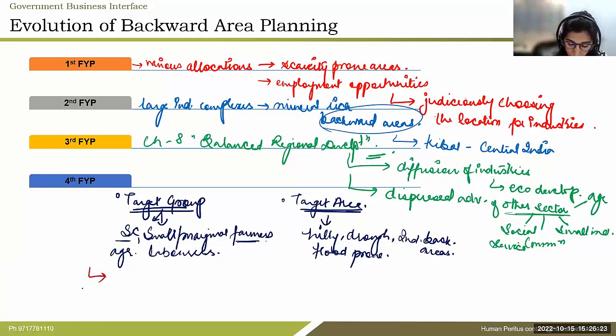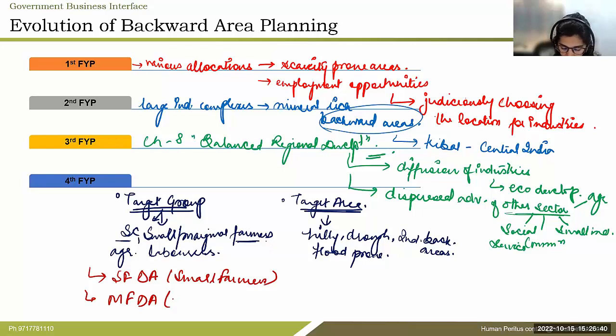For example, under the target group, there was the small farmers development agency. All right, it is small farmers development agencies. There was the marginal farmers development agencies. All right, marginal or we can say the backward farmers, marginal farmers development agency.